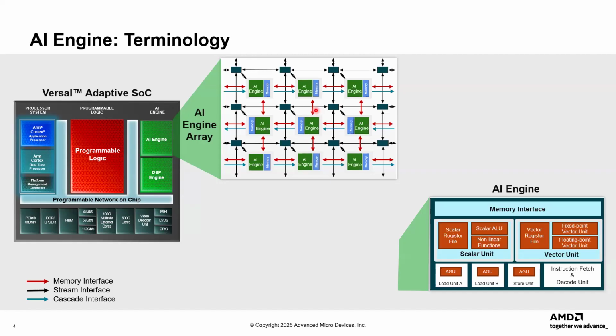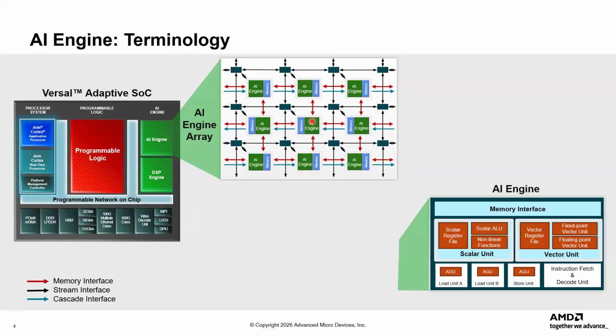The red is the most basic. So what the red is, these are memory mapped interfaces, because if you look at the picture, you can see that each tile has memory that is physically adjacent.